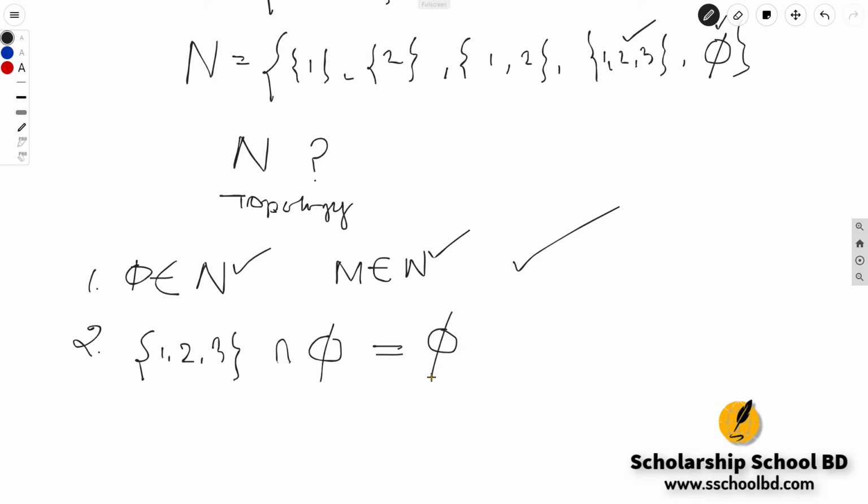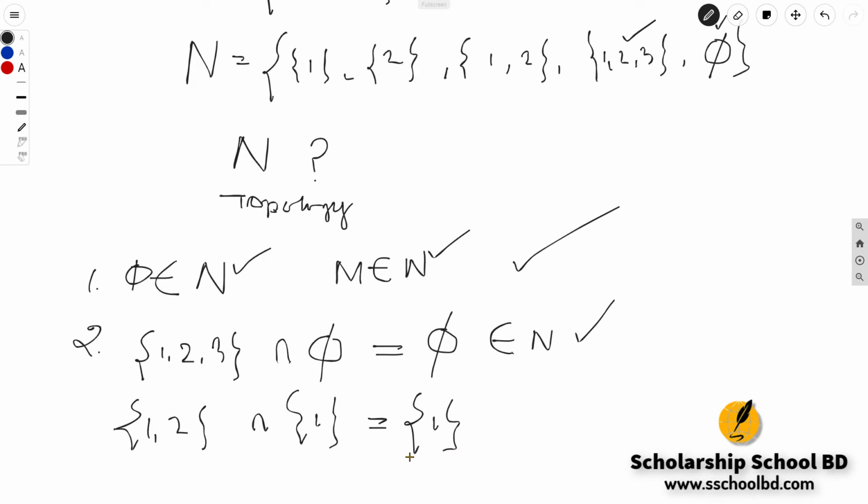The result is phi, because there is nothing common between these two elements. So is phi a member of n? Yes, it is a member of n. So our second axiom holds. I can verify for the other elements. If I take {1, 2} and {1}, the intersection gives the result {1}. So {1} is a member of n. So our second axiom is also satisfied for these two elements. You can check for all of them and you will find this holds.